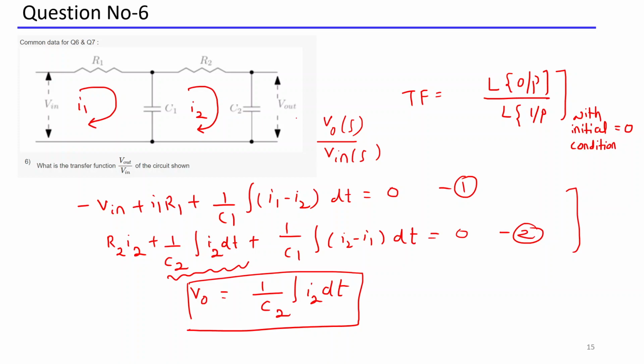So you have to completely eliminate I1 and I2. There are two equations, and I1, I2 are unknown. You have to substitute one in place of the other, and find the Laplace transformation.